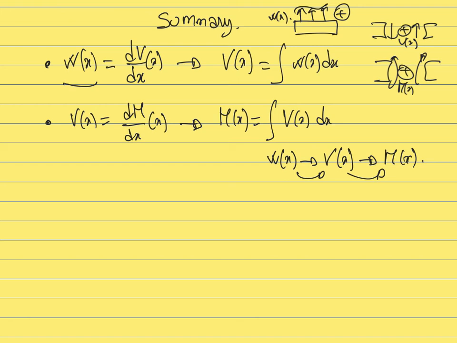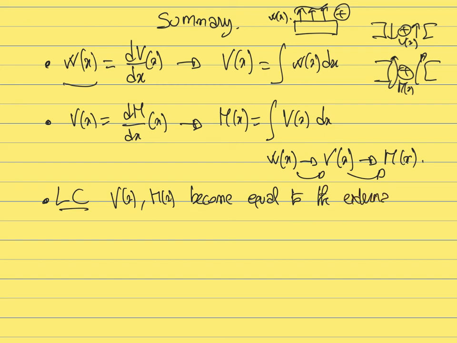And the way you're going to find those constants is by using the other relationships that we have seen. The first one that we have seen are the limit conditions, LC. And the limit conditions tell you that V and M become equal to the external shear and forces at the extremity.